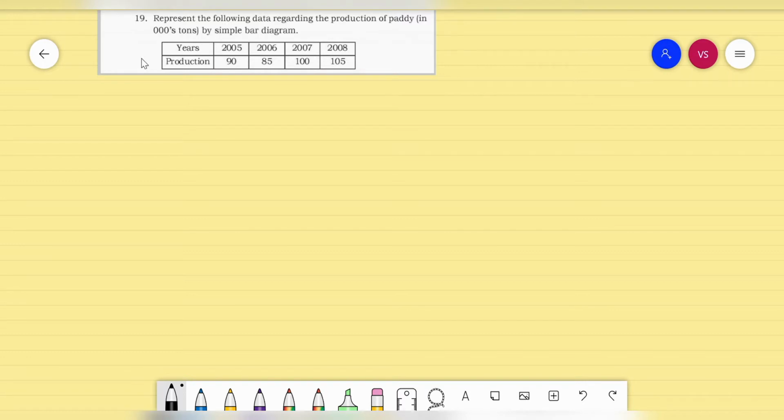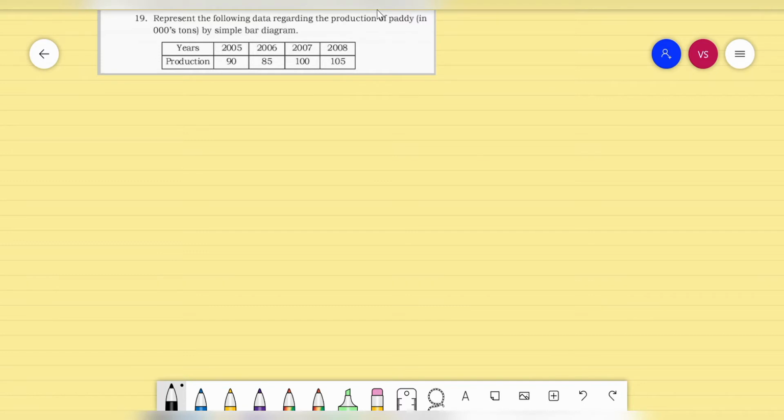Based on the question, we will draw a diagram, students. The data or the question is on the screen. So let's read it once again, and then accordingly we will draw the diagram.